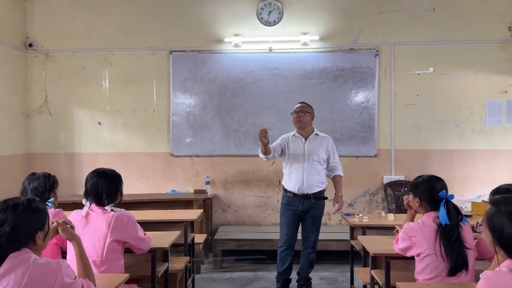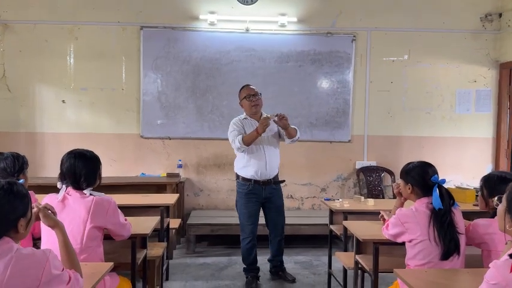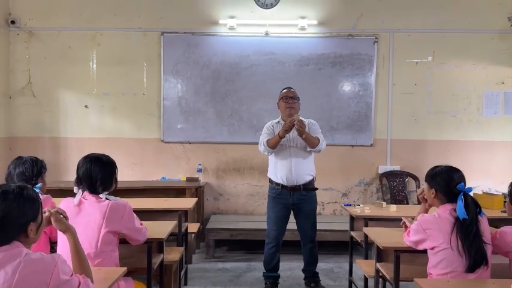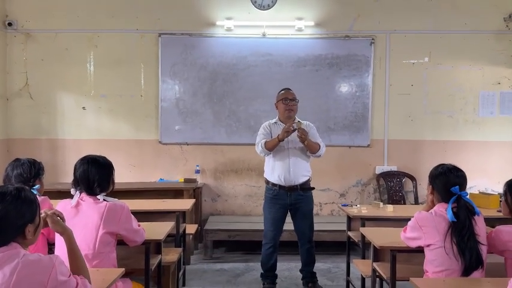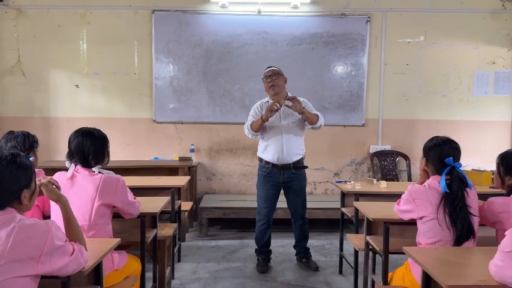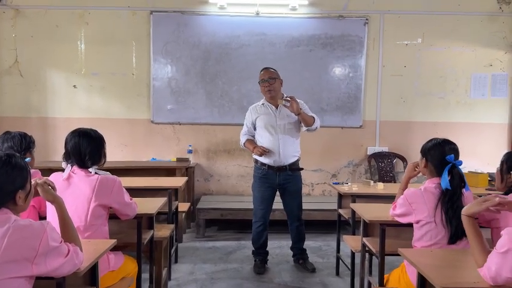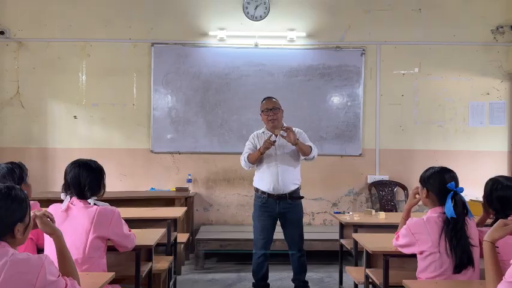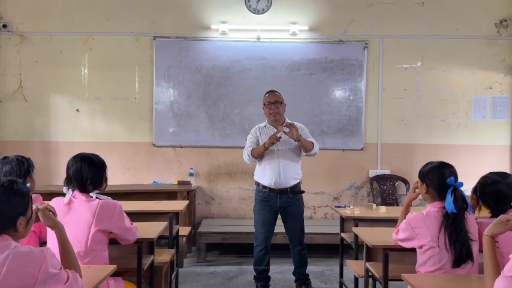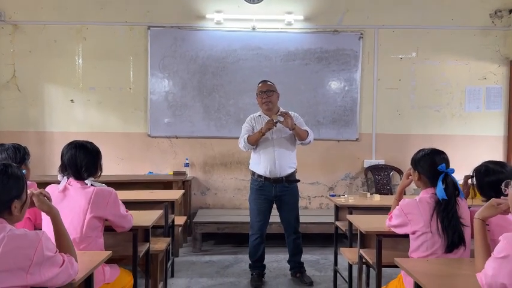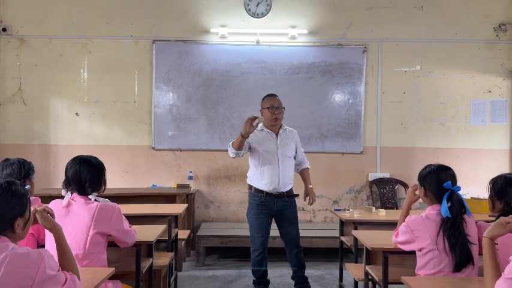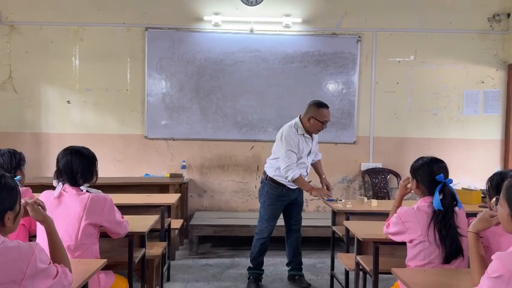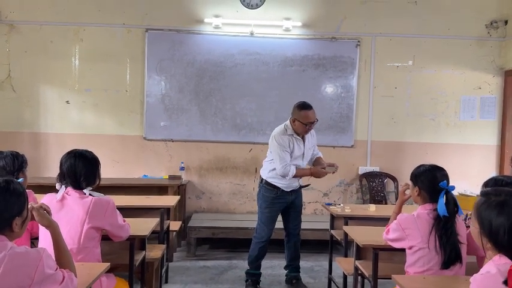This is a quadrilateral. But in this quadrilateral, we can see the four sides are equal. So this is a square. Can you get my point? In the square, if the four sides are equal and all the angles are 90 degrees, then we call it a square. Next, let us take a figure like this.